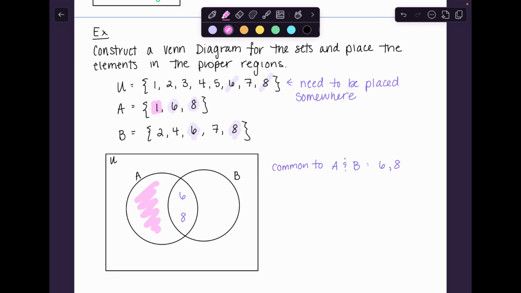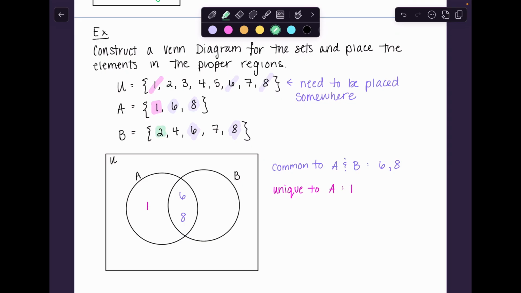It's part of A, but it's not common to B. So the number 1 is going to go off to the side. So that is unique to A. And then again, I'm going to go ahead and mark that out of view. It's got a spot in my diagram.